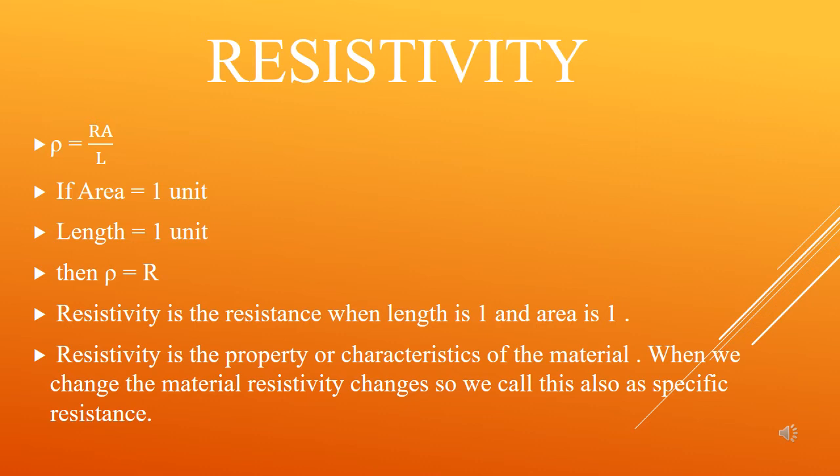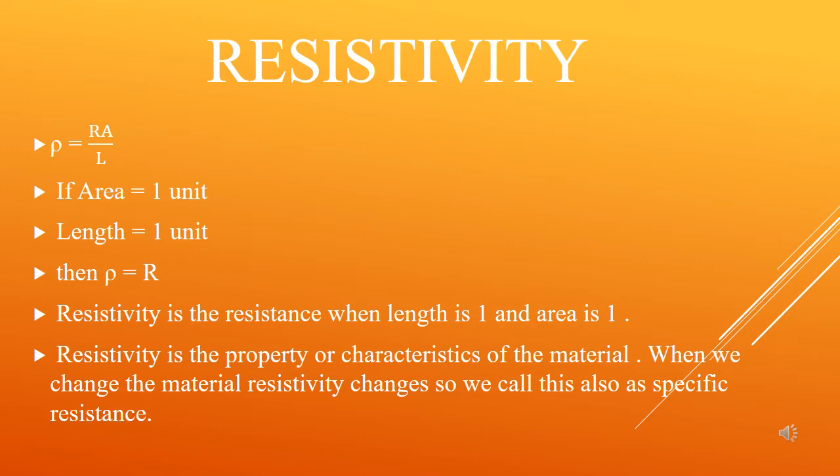Now what is the difference between resistance and resistivity? The answer is resistivity is the resistance when length is 1 unit and area is also 1 unit, and resistance depends upon length and area, but both of them are resistance.